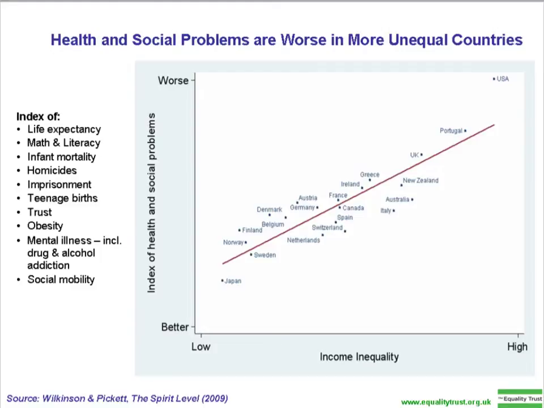We'll look at the book in more detail in class, but the central claim of the book is that as societies become more unequal in terms of their income distribution, then you tend to get worse health and social problems. So the claim of the book is that health and social problems are significantly worse in more unequal countries.